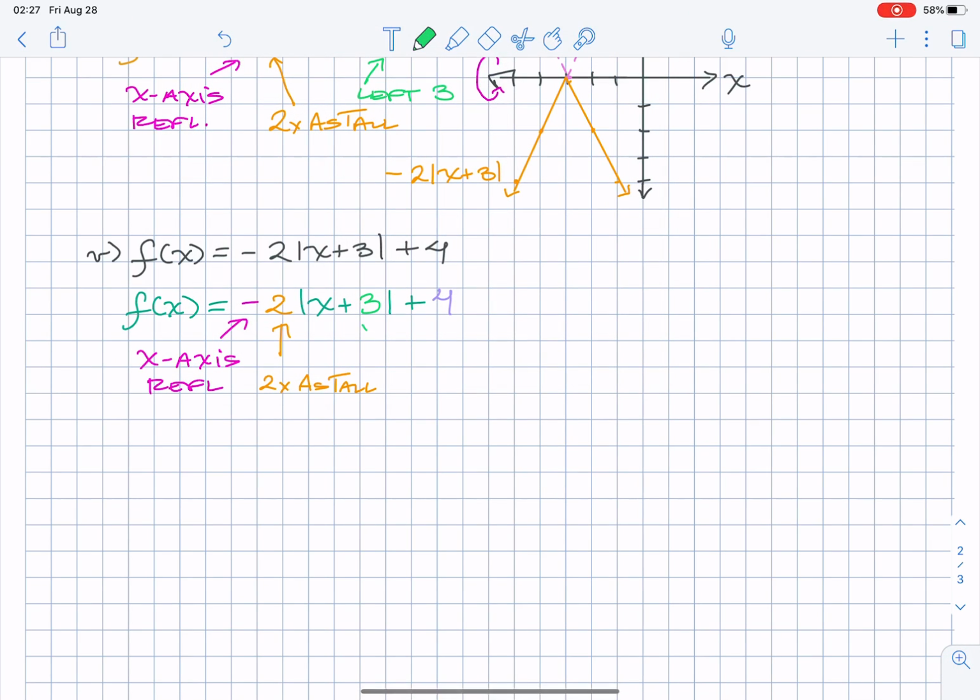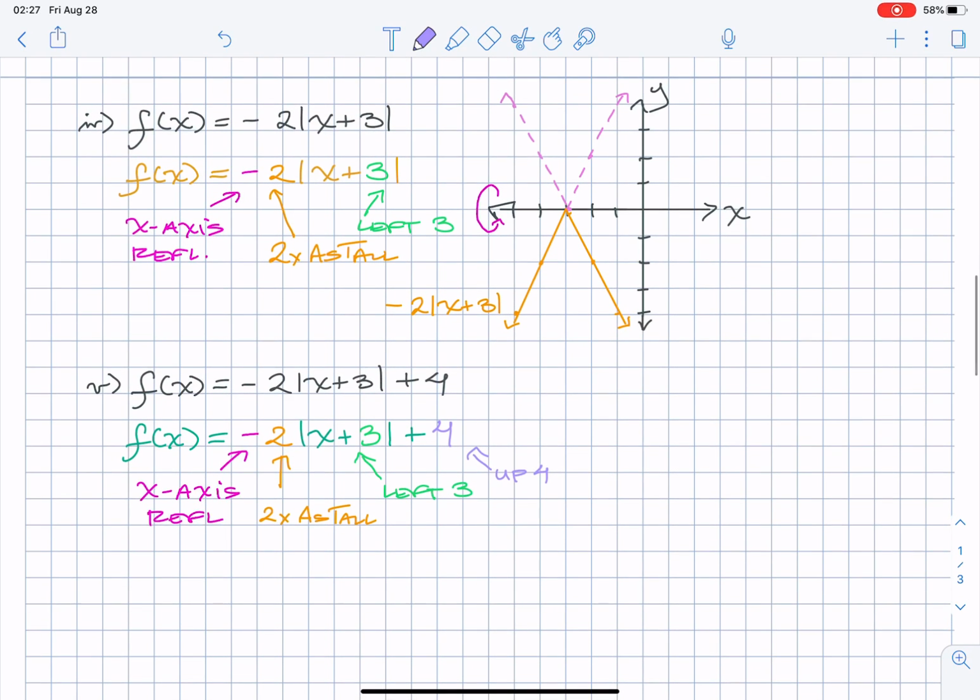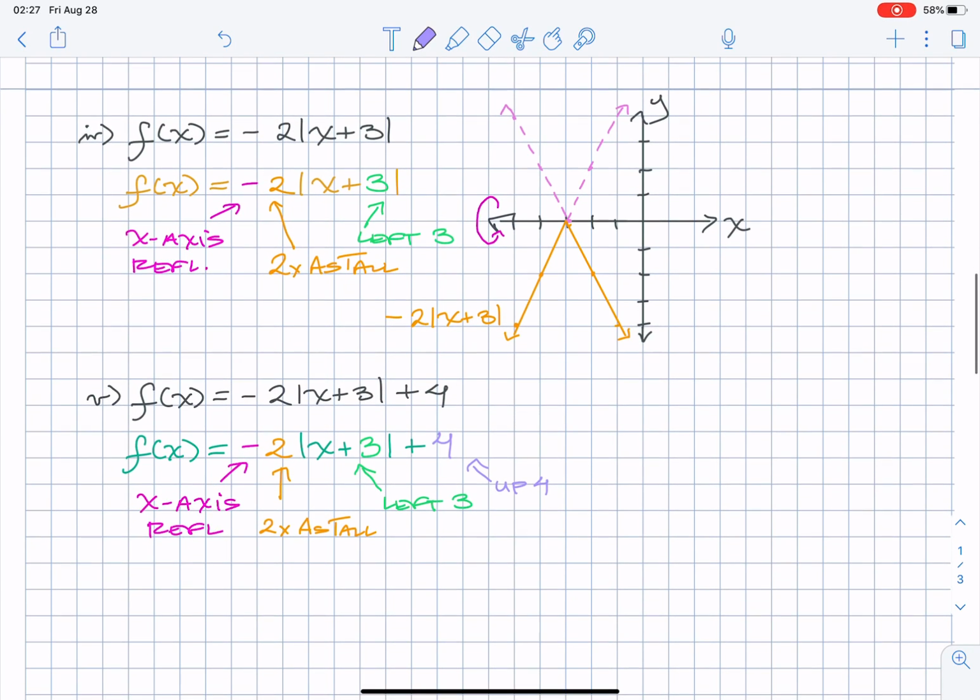I know that the plus 3 is counterintuitive, so that's left 3, but now I have a lonely 4. And since it's on the outside, it's up 4. Okay, so all I've done to change from part 4 to part 5 is add 4.